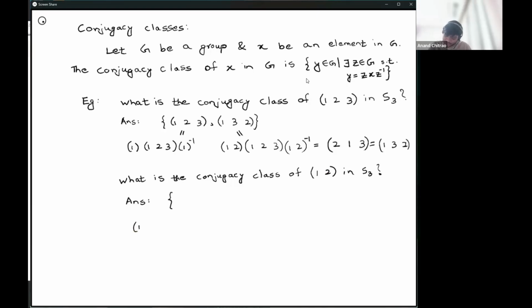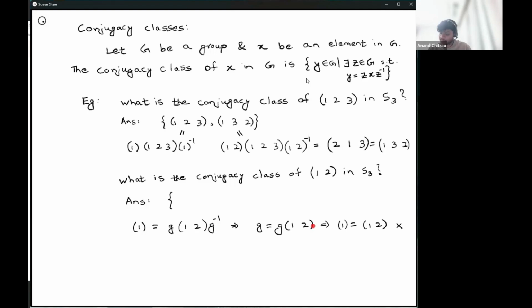You're saying the identity can be written as g (1 2) g inverse. But this is not true, because multiplying by g on the right, you'd get g equals g times (1 2), and multiplying by g inverse on the left, you'd get identity equals (1 2), which is not true.